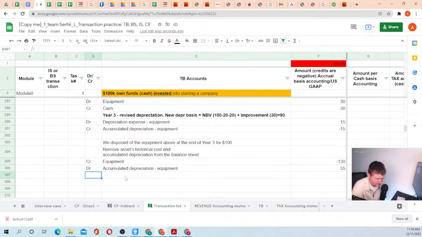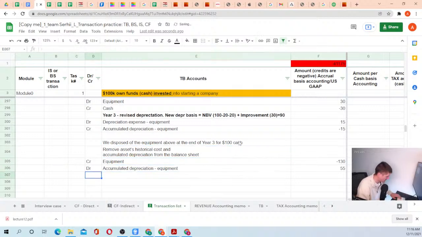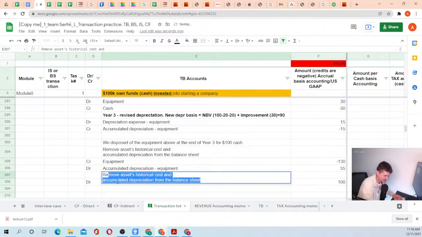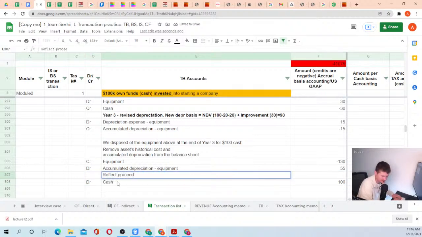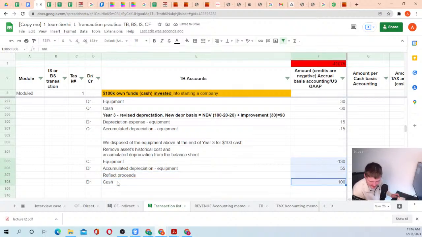And what do we need to add into the equation? Let's say 100 cash. So we debit cash for 100. Let's call it reflect proceeds. And our entry still doesn't balance. Let's see.